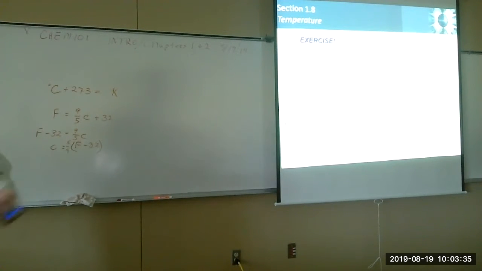You could make them both the x or whatever, and then solve for the x, because an equation in one unknown is solvable, right? It's equations in two or more unknowns that you can't solve with a single equation. You have to have simultaneous equations. But if you've got an equation in one unknown, you can solve it. So there's what you get. You end up with, at minus 40, both systems converge at the same number. And that's the only place that they converge.